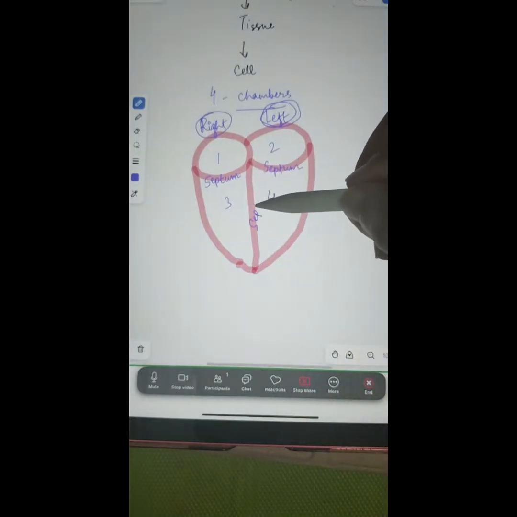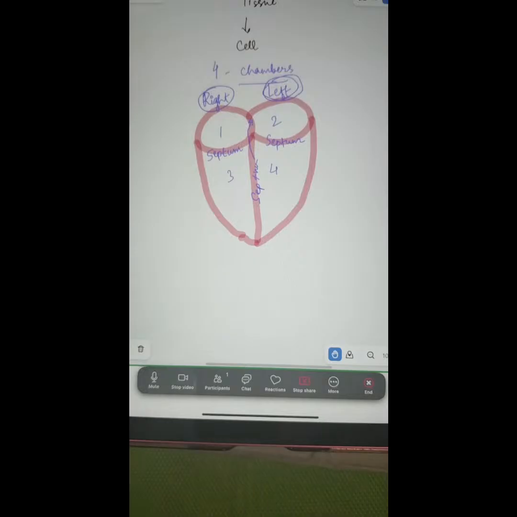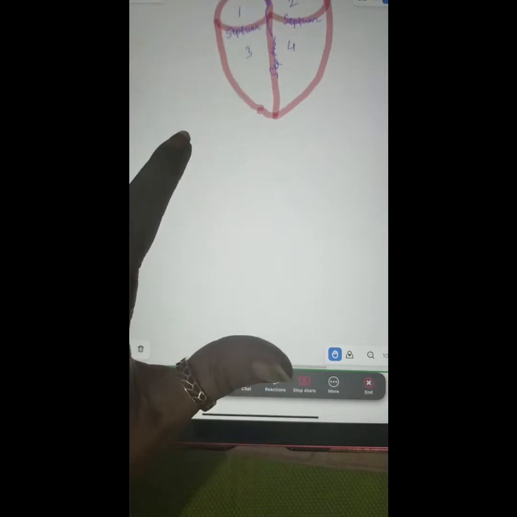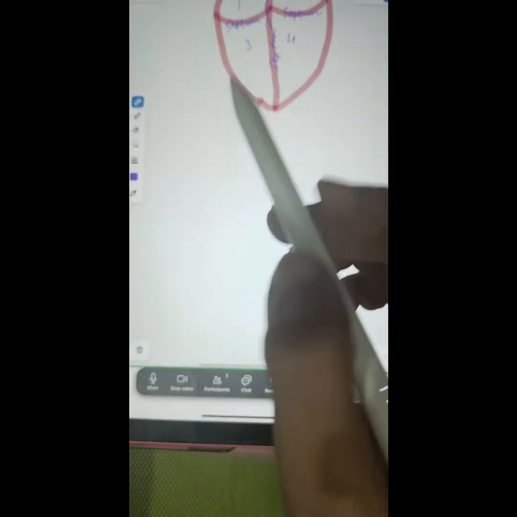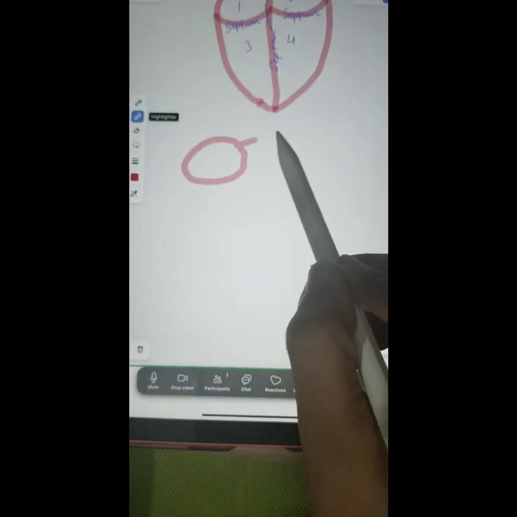Here also we have a wall which is known as septum, and here also between 1 and 2 we have a septum. So this image is letting you know that we have a four-chambered heart and each chamber is separated by a septum.